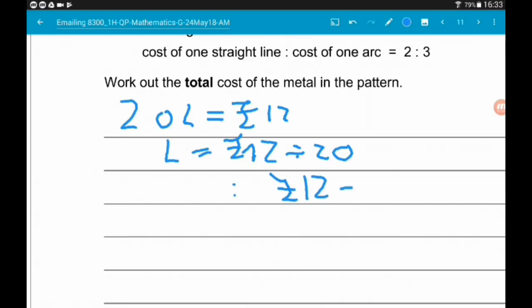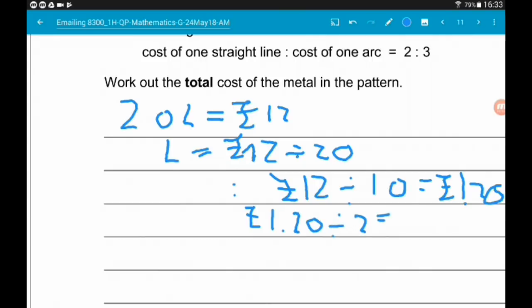So £12 divided by 10 is £1.20, and then we do £1.20 divided by 2, which gives us 60p, £0.60. You can break division up like that by dividing by 10 and then dividing by 2. We have divided by 20.